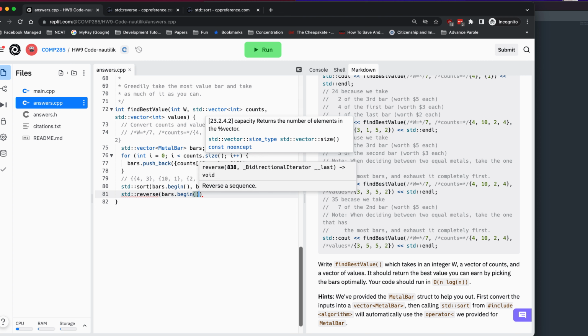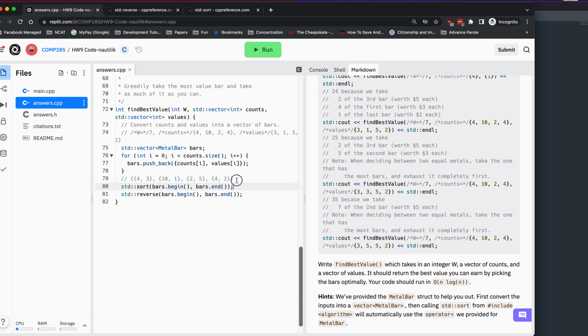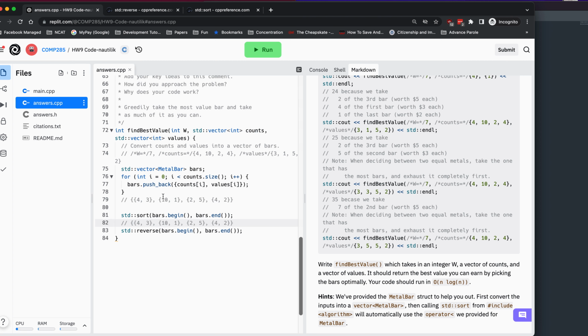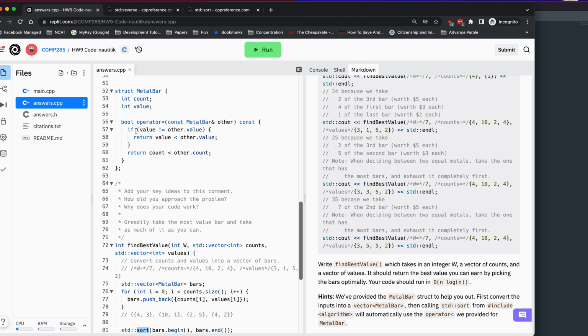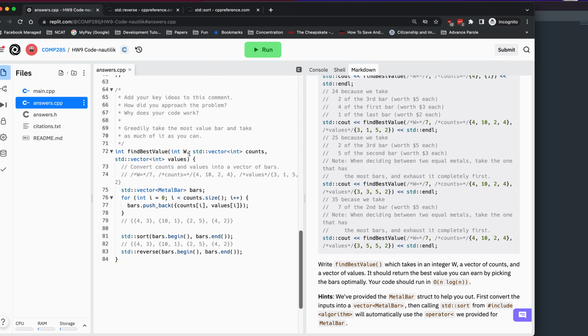So bars dot begin, bars dot end. So this is what it looks like after the for loop. After we sort it, the bar standard sort is going to use this comparator to compare the values. So it's actually going to sort by the value and then by the count.